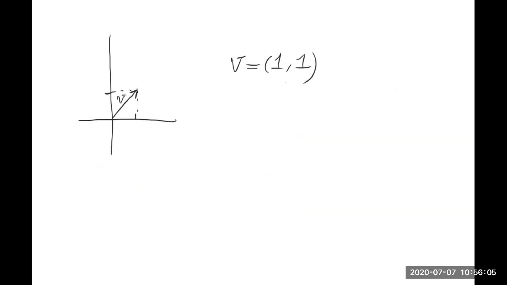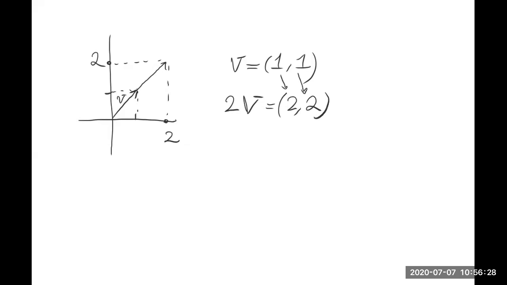I want to show 2 times V. This is 2 times V, same direction, but the length is 2 times V. Now, if I look at the coordinates of this vector, the coordinates are 2 and 2. I'm just multiplying every coordinate by 2.